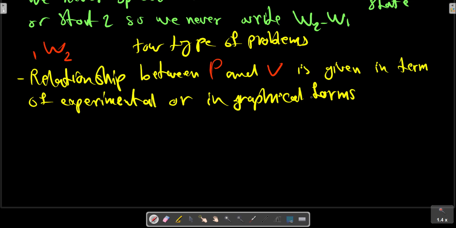Therefore, we may evaluate the integrals by graphical or numerical integration.